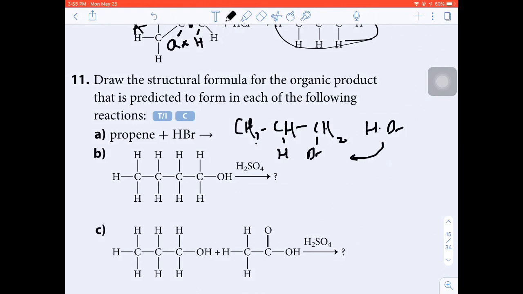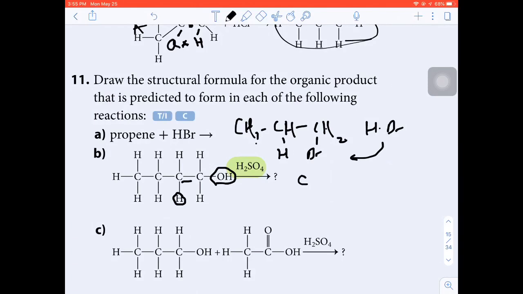This equation here, I'm seeing the H2SO4 in there, which often tells me that it's going to be an elimination reaction. Remember, there's two ways for an elimination reaction to happen, using H2SO4 or sodium ethoxide. So in this case, I'm going to remove the OH from one side, and I'm going to remove the hydrogen from the other side, and I'm going to form a double bond in there.